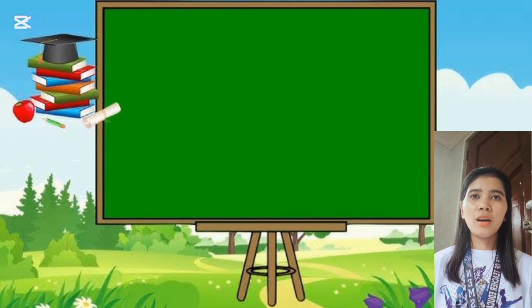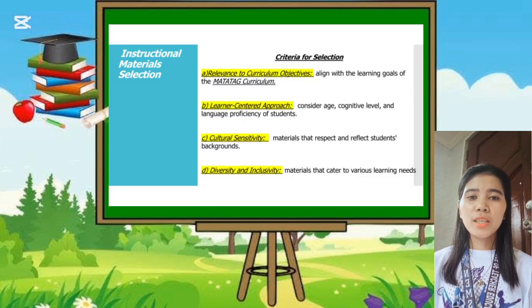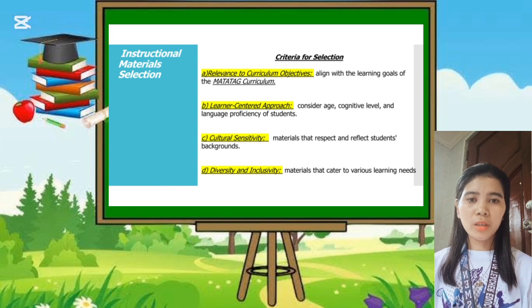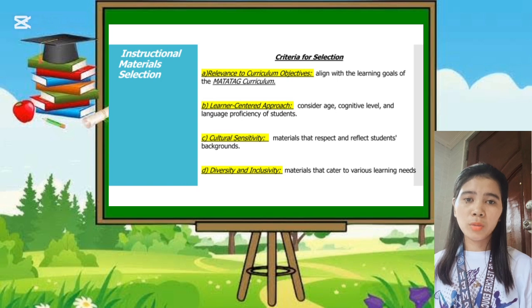So here are the instructional material selection criteria. First is relevance to curriculum objectives. Of course, when we select, design, and develop instructional materials, we need to consider the curriculum objectives.